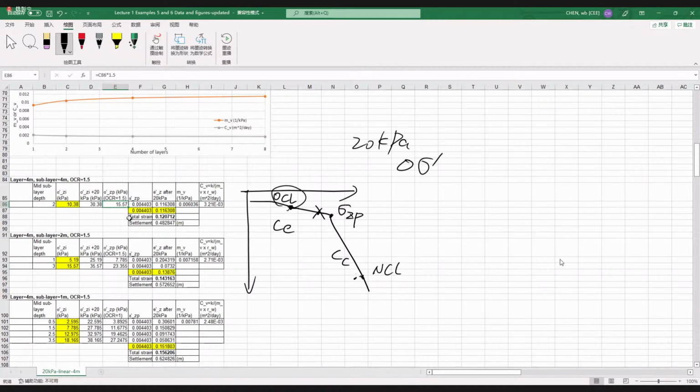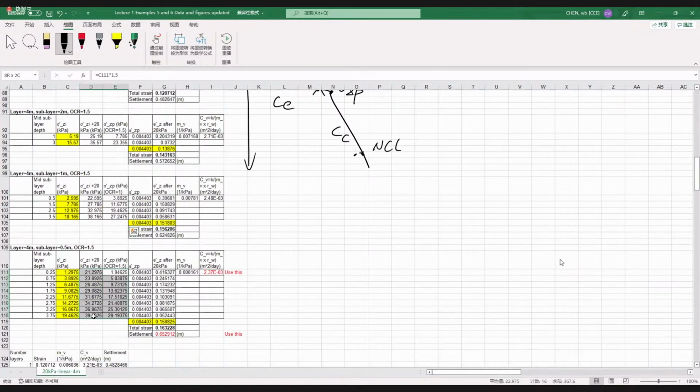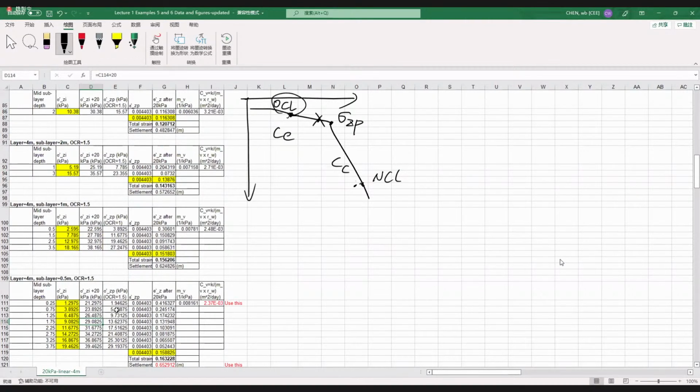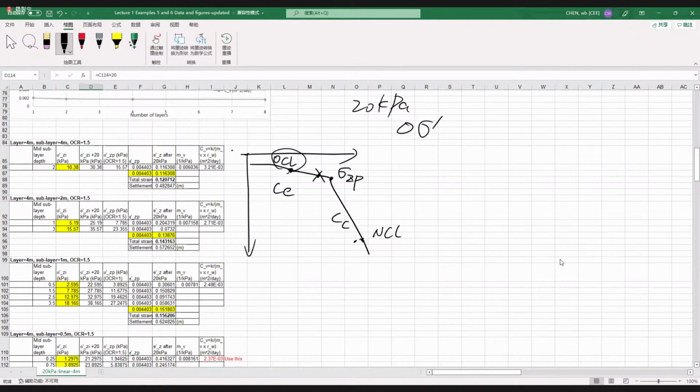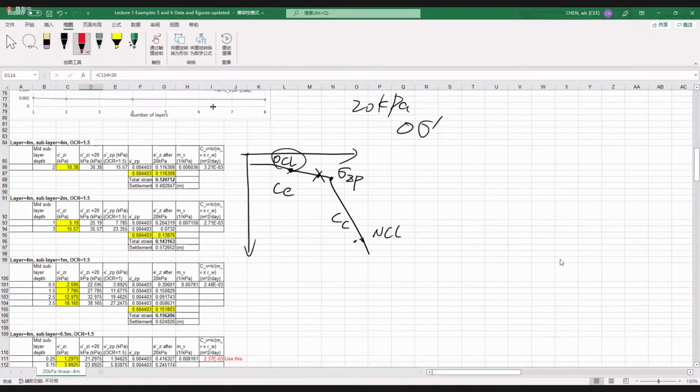So we get this value here. We can see that this value is smaller than the final stress. You can compare all of them. All of them are actually smaller than the final stress. So that means the starting point is here, then we pass by the effective pre-consolidation stress, then come down along the NCL.